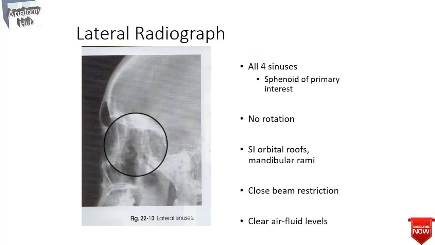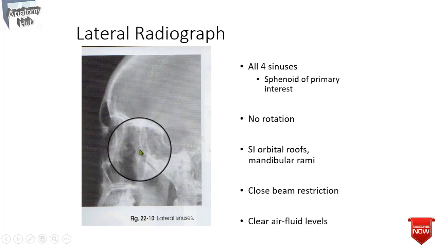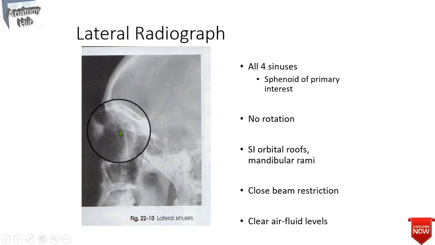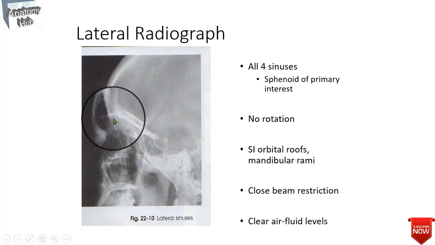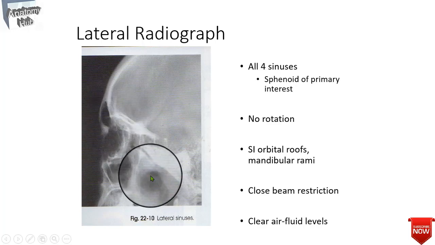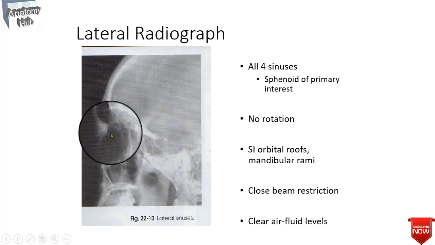So here if you do the lateral radiograph, means the X-ray, then you can see all four sinuses. You can see the frontal sinus over here, the sphenoidal air sinus over here, the maxillary sinus over here, and the ethmoidal sinus over here.